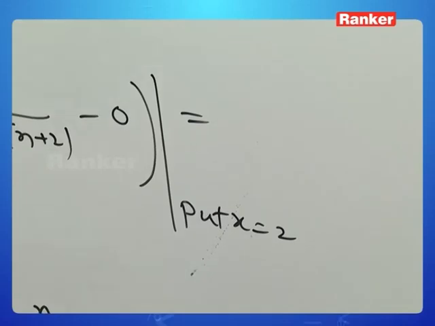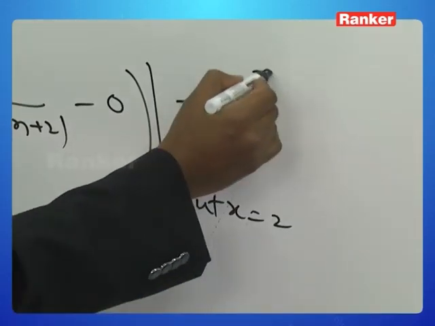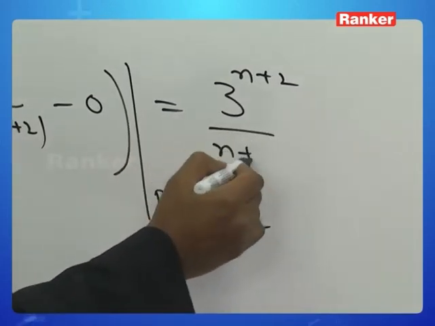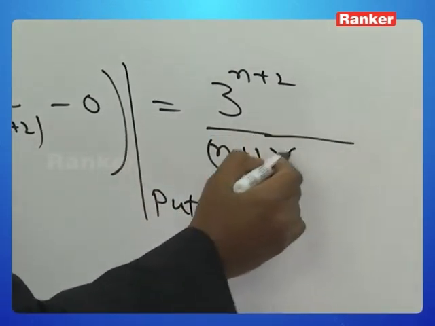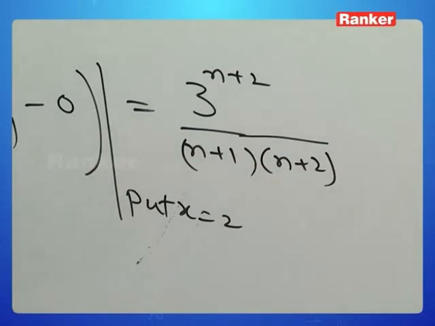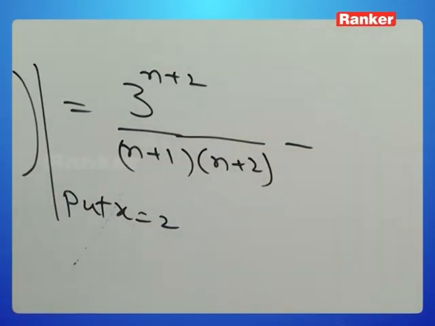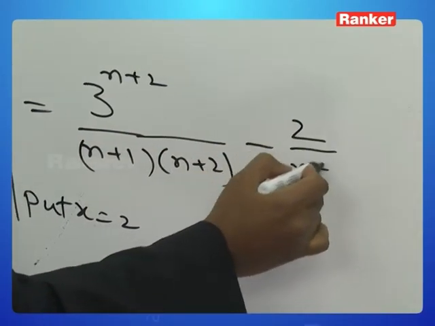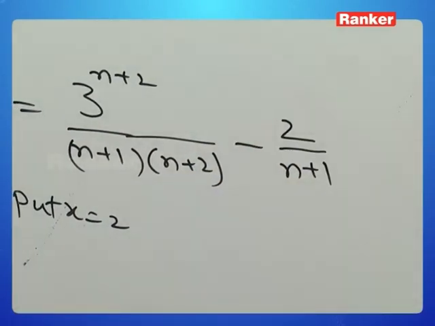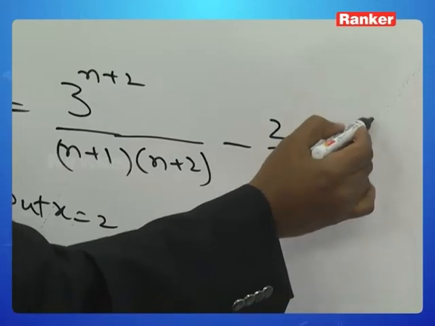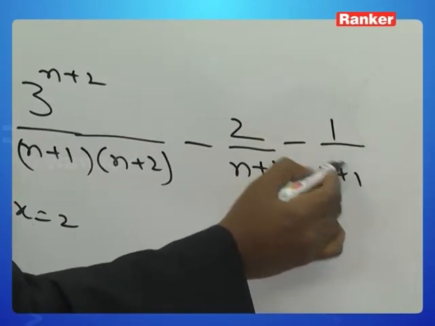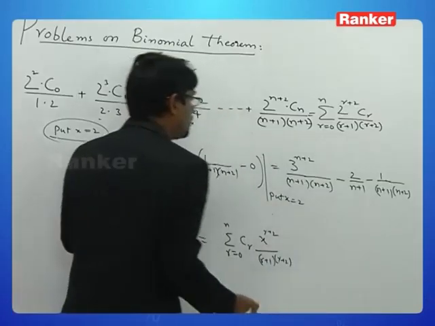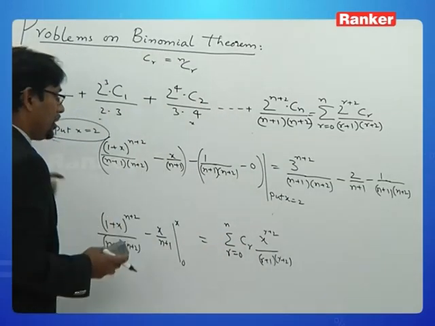What do we get? We get 3 power of n plus 2 by n plus 1 into n plus 2, minus 2 by n plus 1, minus 1 by n plus 1 into n plus 2. That is what you have on the left hand side.